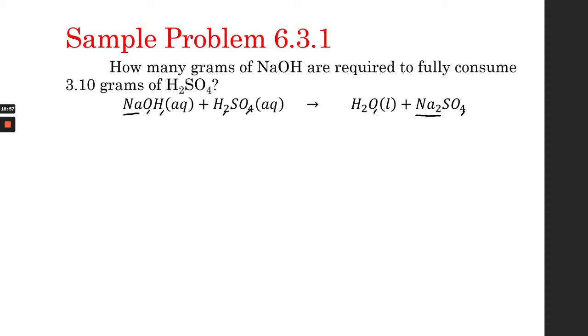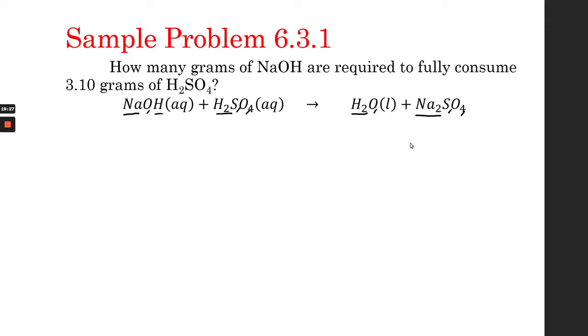However, here we have only 2 atoms of hydrogen in our product. So our hydrogen is not balanced. For sulfur, we can see that it is balanced because we have only 1 atom on both the product and reactant sides. So how can we balance this equation?